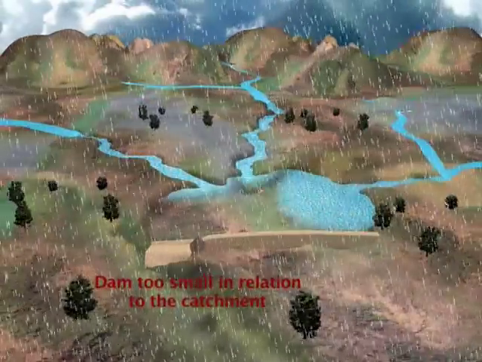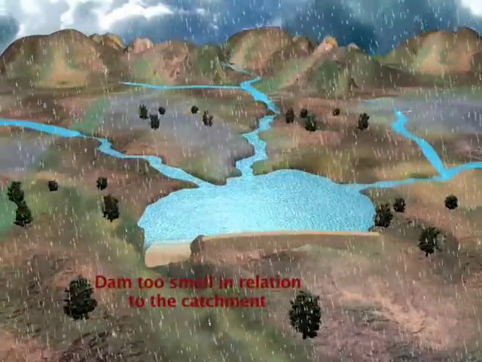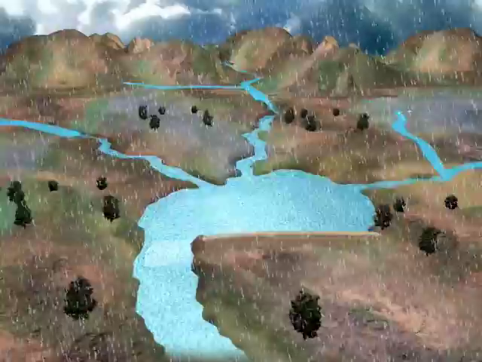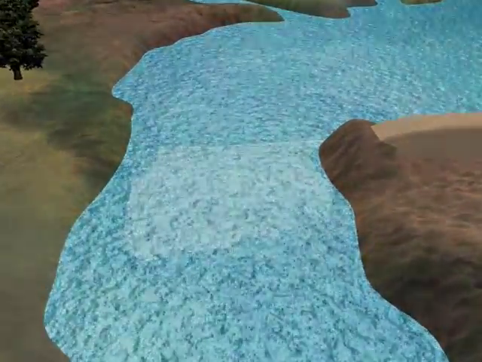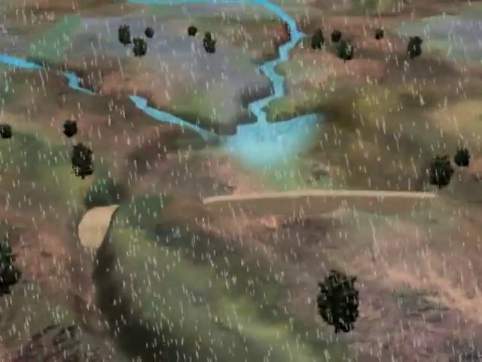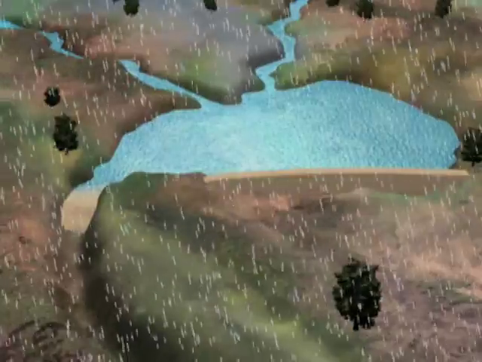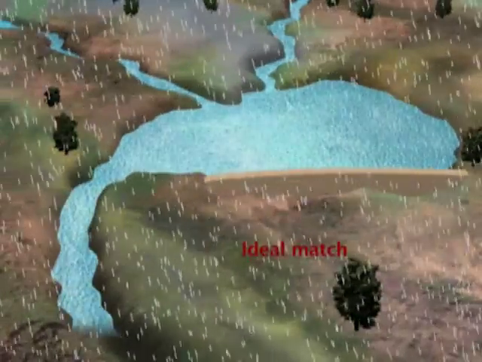If the dam is too small, we would not have stored as much water as we could have. What we look for is the best possible match between the water flowing into the dam and its storage capacity.